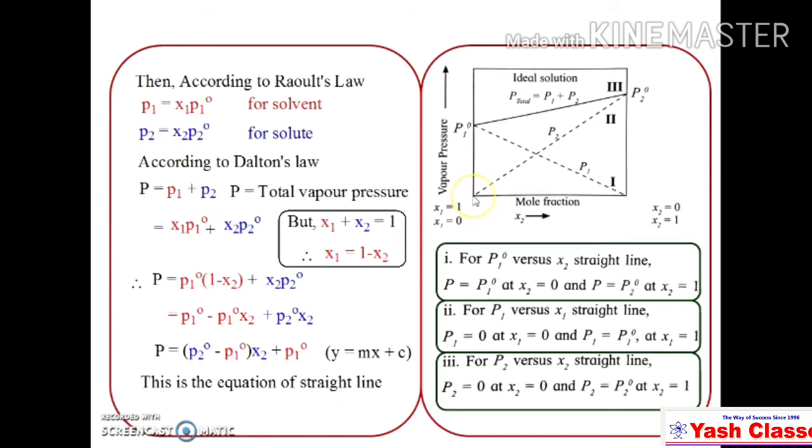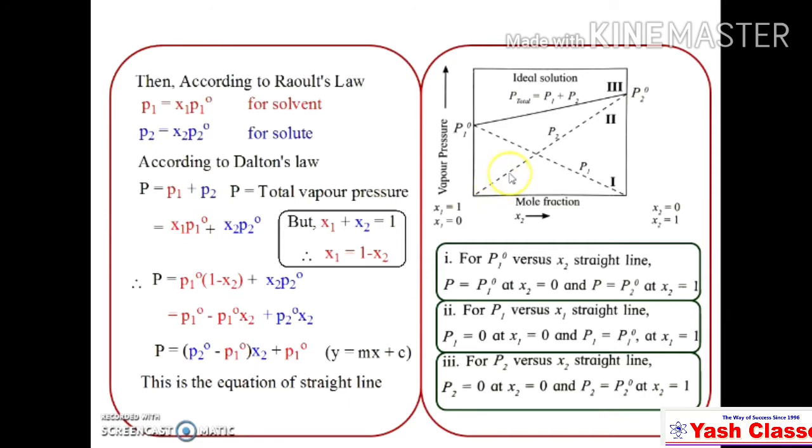Now at this point, as the mole fraction of A2 is 0, as per the second equation, P2 is equal to x2 into P2 0, the value of P2 will be 0 because x2 is 0.